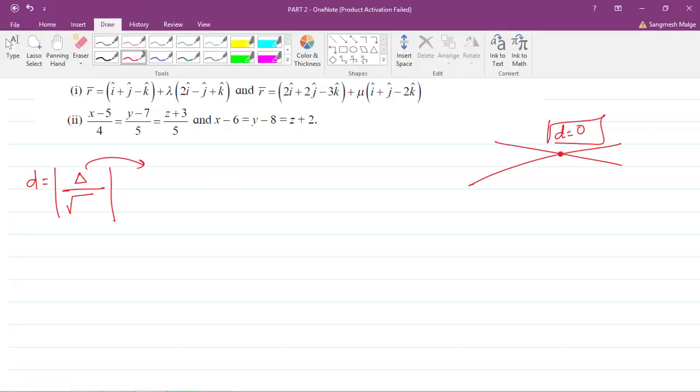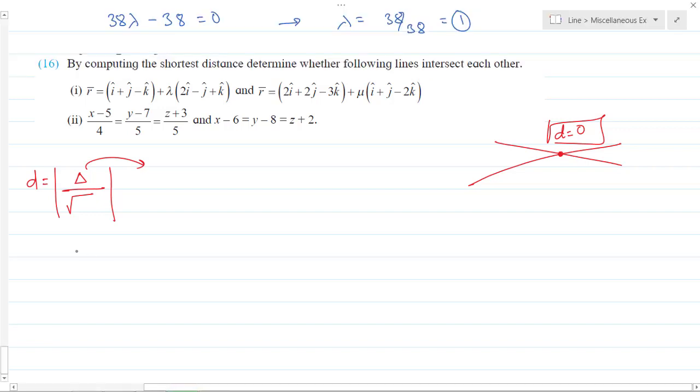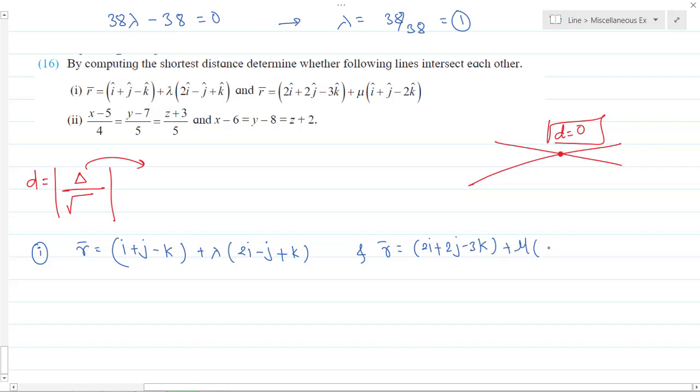Okay, don't worry. Let me take the first question, which is r bar equals i plus j minus k plus lambda times (2i minus j plus k), and r bar equals 2i plus 2j minus 3k plus mu times (i plus j minus 2k).